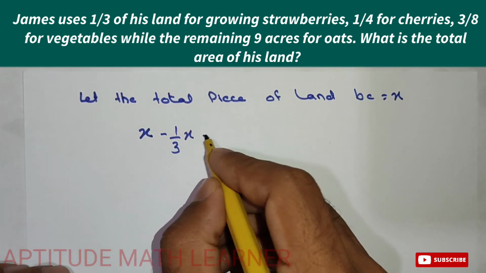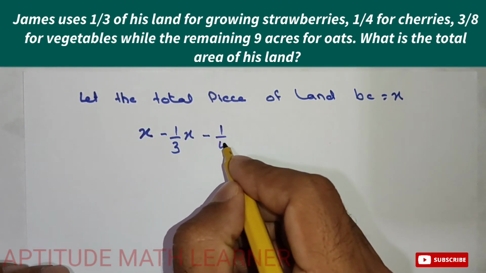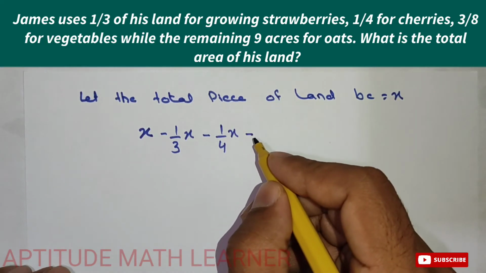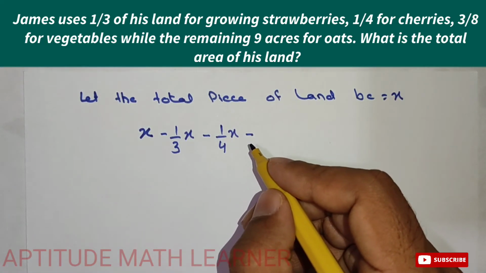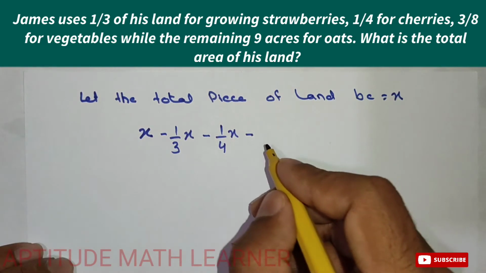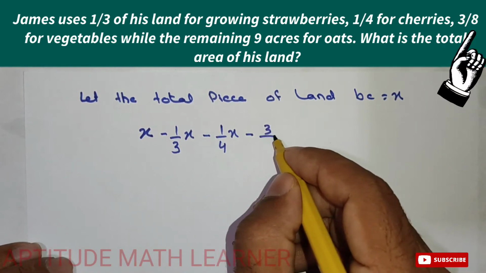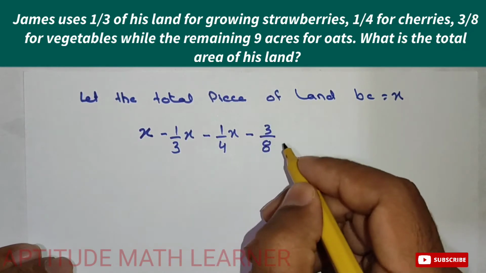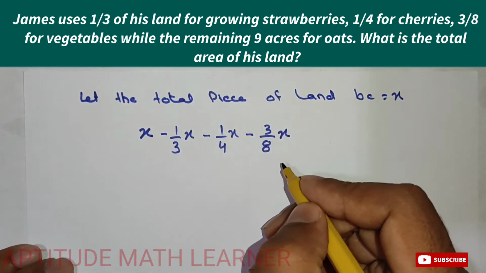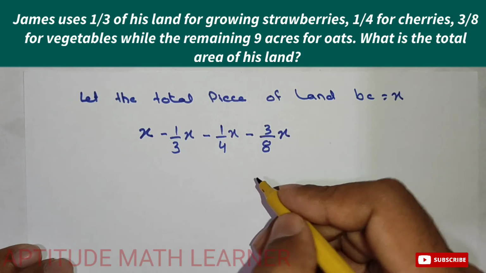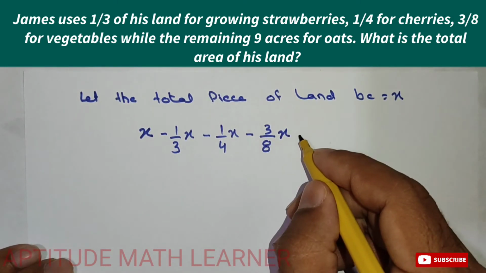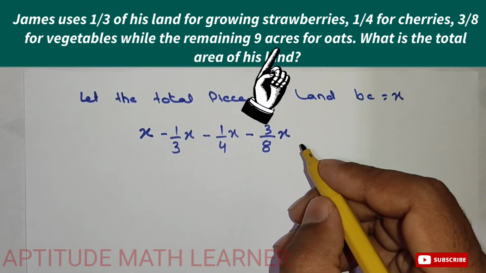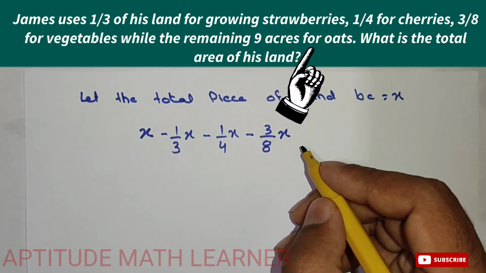So here also we take out 1/4 of the total land, minus, and for vegetables he takes 3/8. So this is 3/8 of the total land used for growing vegetables, and the remaining is for the oats, and that is how much? So that is 9 acres.